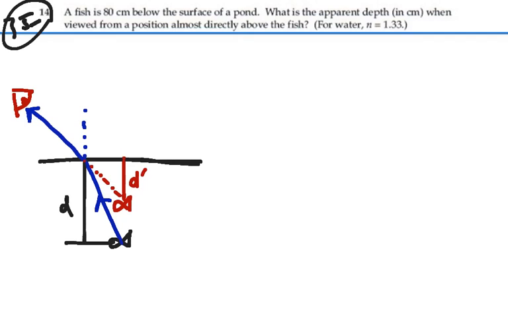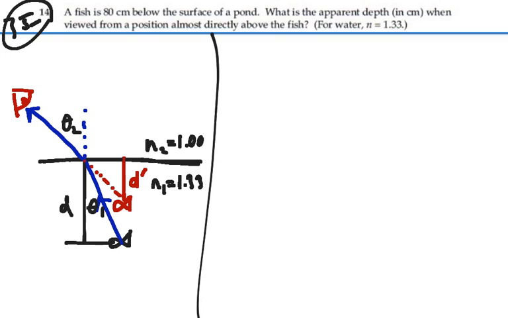We know that we have an index of refraction n1 for the water, 1.33, and index of refraction n2 for the air, 1.0. And we're going from some incident angle theta 1 to some refracted angle theta 2. Snell's law applies, so we have n1 sine theta 1 equals n2 sine theta 2.